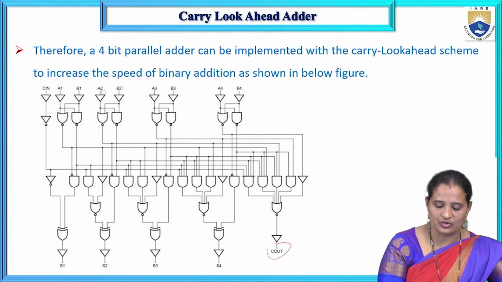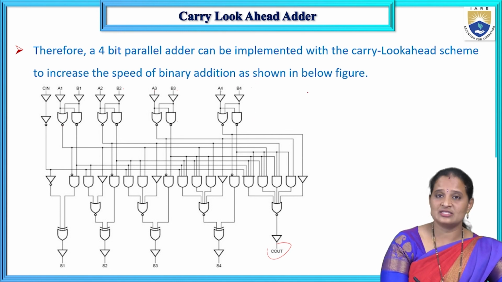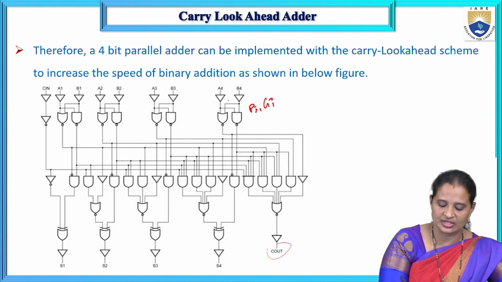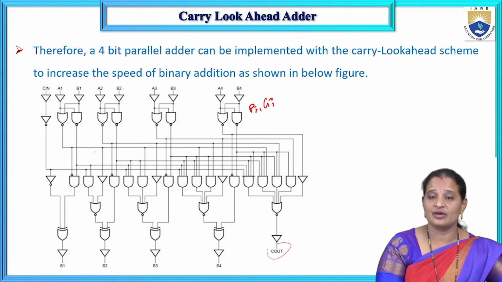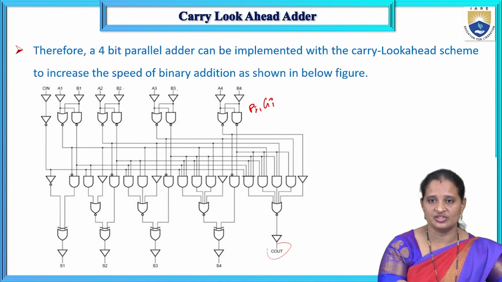And A2 B2 NOR gate NAND gate, A3 B3 NOR gate and NAND gate, A4 and B4. These are extra circuitry. These are for generating Pi and Gi. These extra logic gates are used to implement the carry propagate and generate functions.